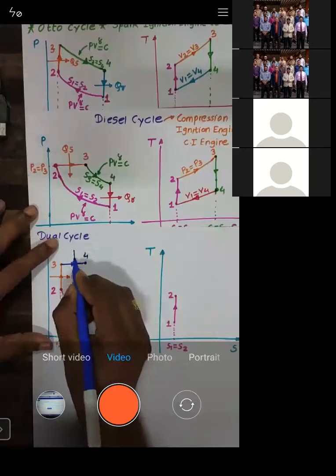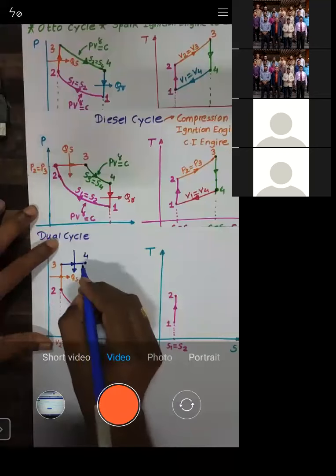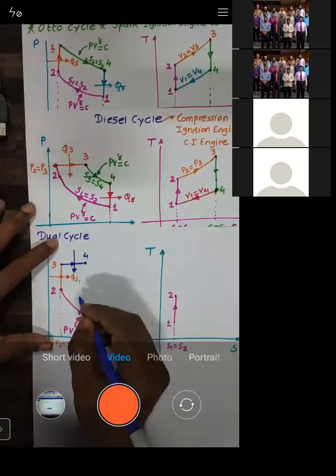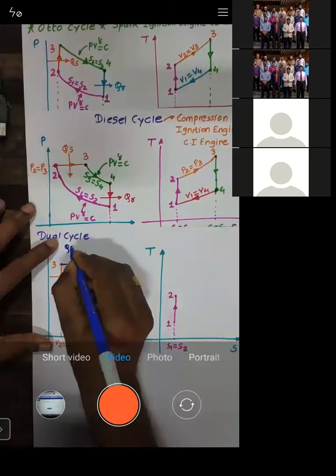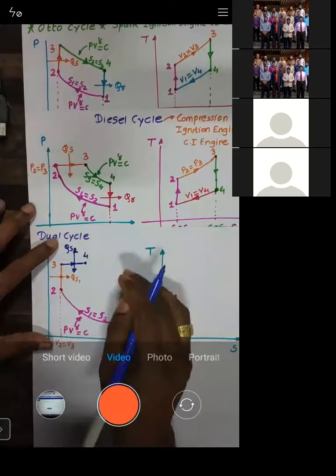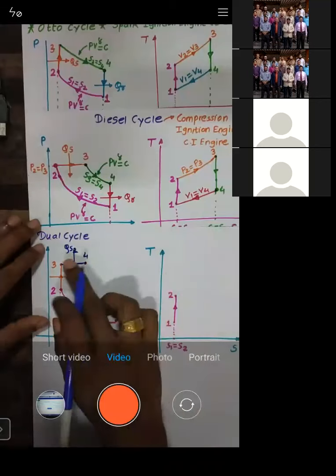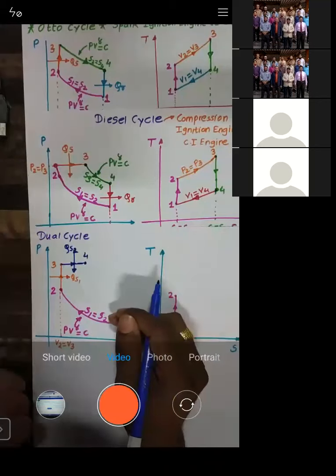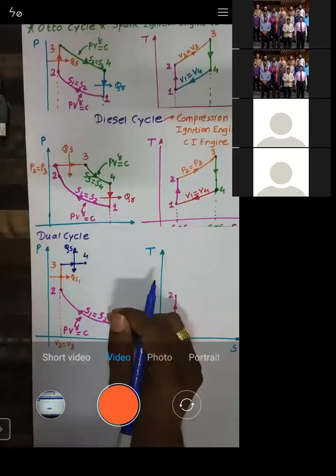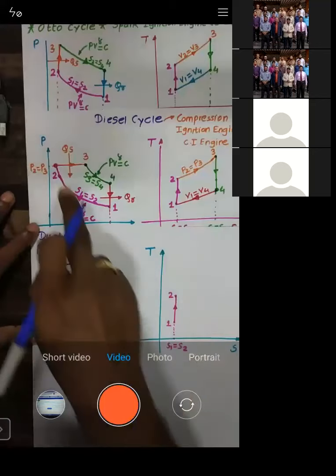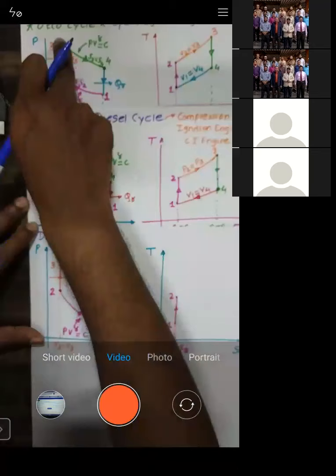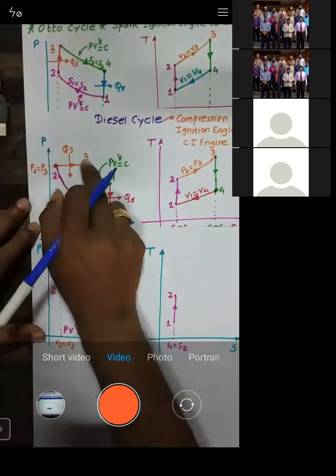Let's say the amount of heat added, I will call it QS2. So during 3 to 4, the amount of heat added is QS2, right? So this is process 3 to 4. Initially I added heat at a constant volume, then at a constant pressure.